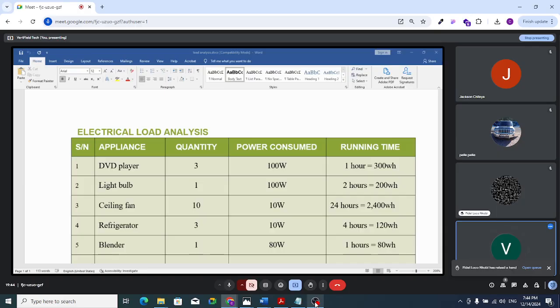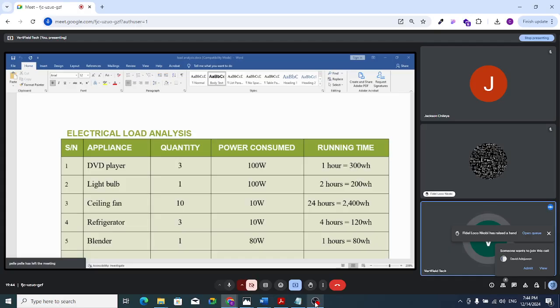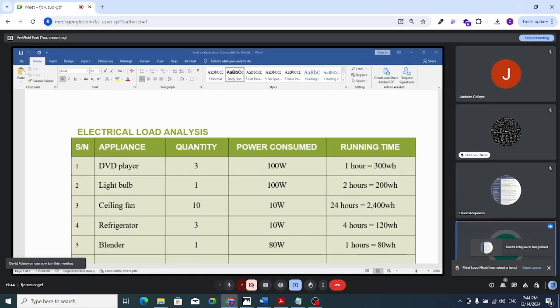Okay, so this is the way to go about it. I've stated the formula which says that energy need, or energy consumed, is given as quantity multiplied by power consumed multiplied by the running time. Now, how do you apply that formula?